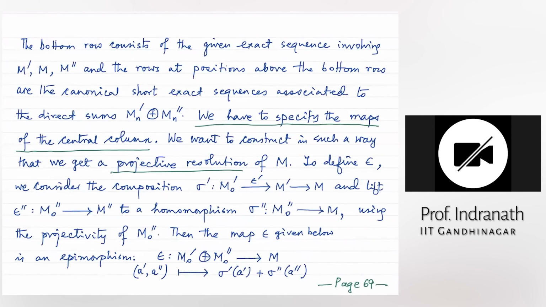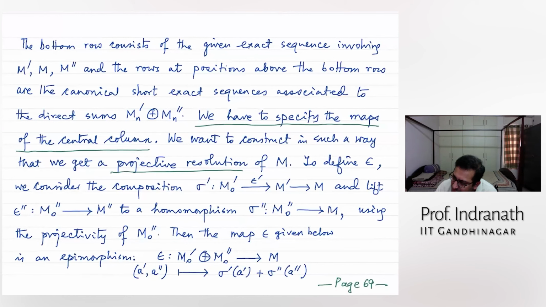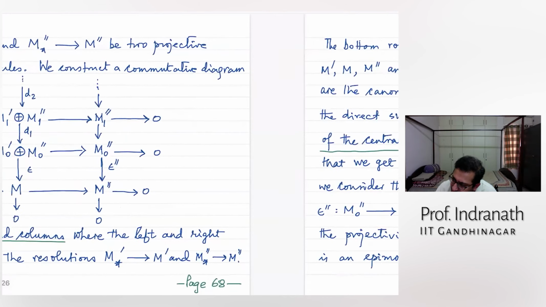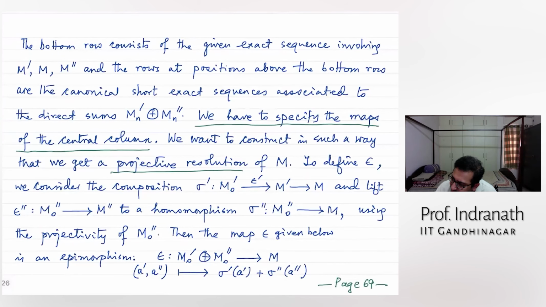So instead of just using surjectivity, you're saying lift epsilon dash to a homomorphism from this m0 dash to this, which is your epsilon double dash. Then you lift it to sigma double dash from m0 double dash to m, and you have this map, this element always there, and then send it by sigma double dash.